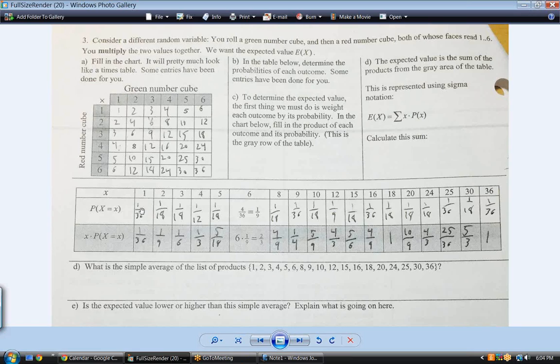You get a 1, and that's 1 in 36. Am I understanding it correctly? Yes. In other words, this number here is the product of your green and red cube.